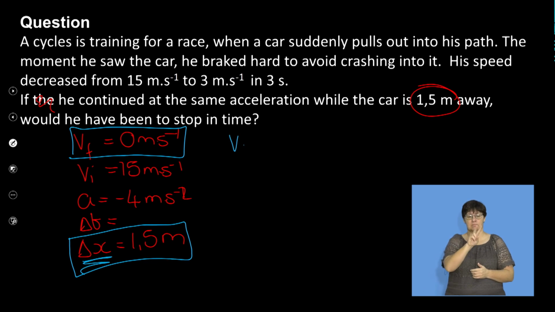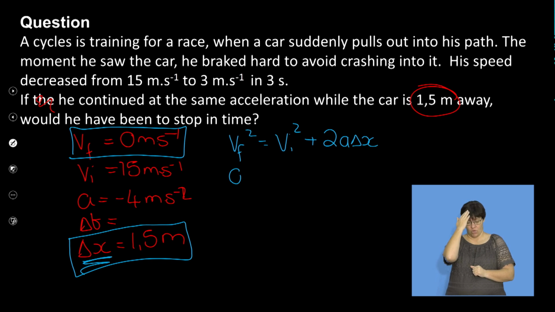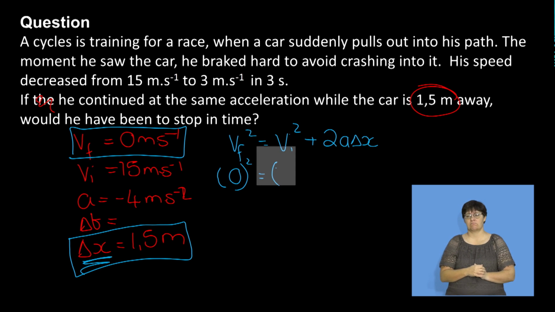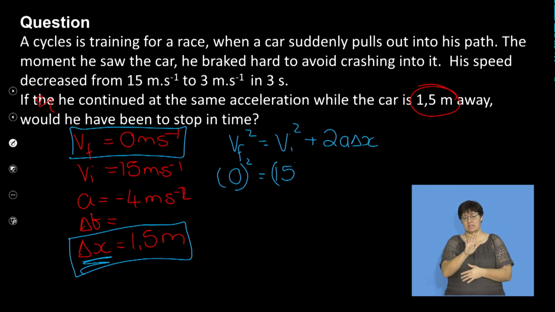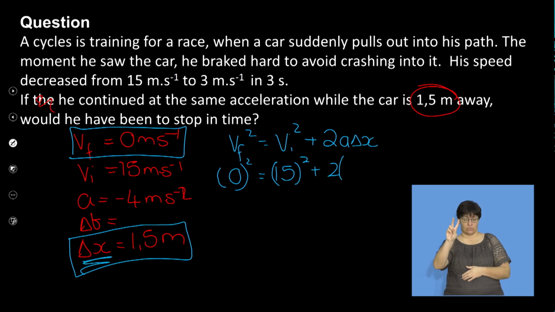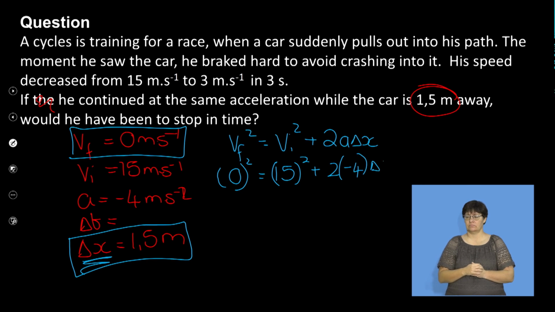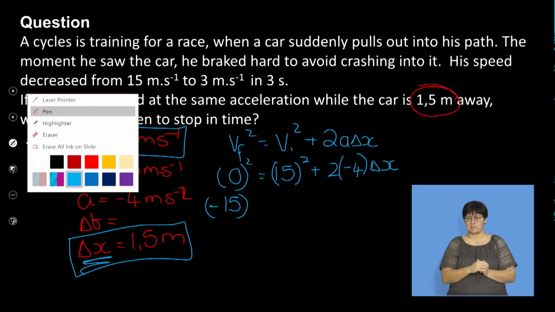So what I would do is go Vf squared equals Vi squared plus 2a delta x. We know he needs to stop. We know that he was going at 15 meters per second. That's -4. So this becomes minus 15 squared. Oops, you know the minus should be in the other place. It should be outside the bracket. Give me a second.